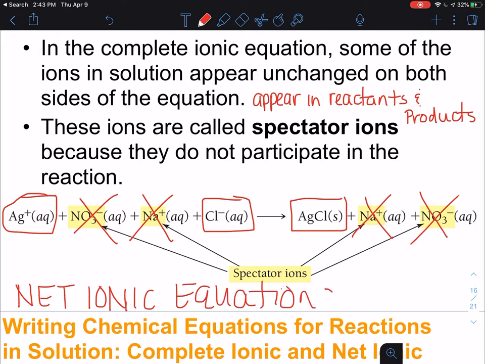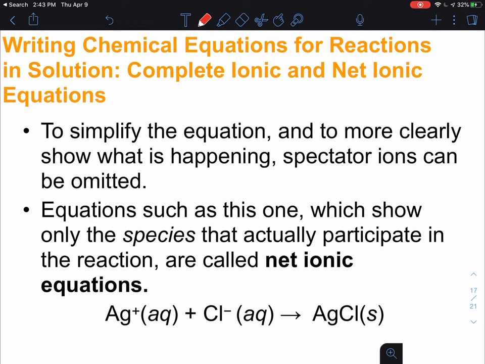So let's move a little bit forward. Writing complete ionic, and this is net ionic. To simplify the equation and more clearly show what is happening, spectator ions can be omitted or canceled out. Equations such as this one, which show only the species that actually participate in the reaction, are called net ionic equations.